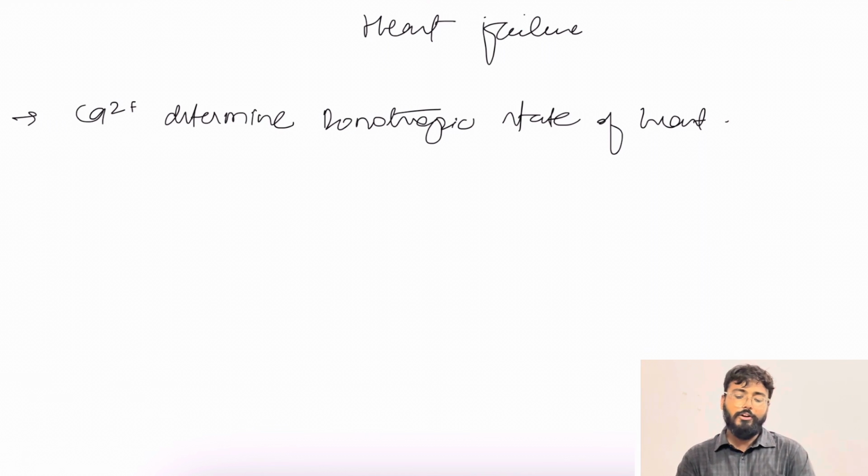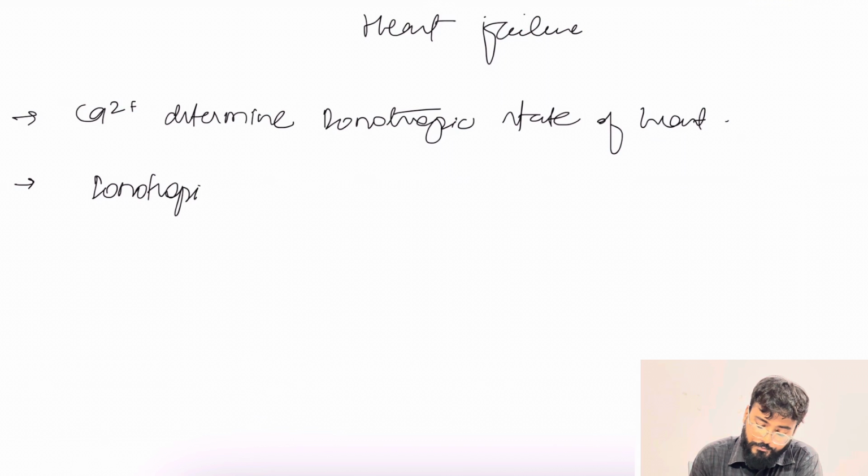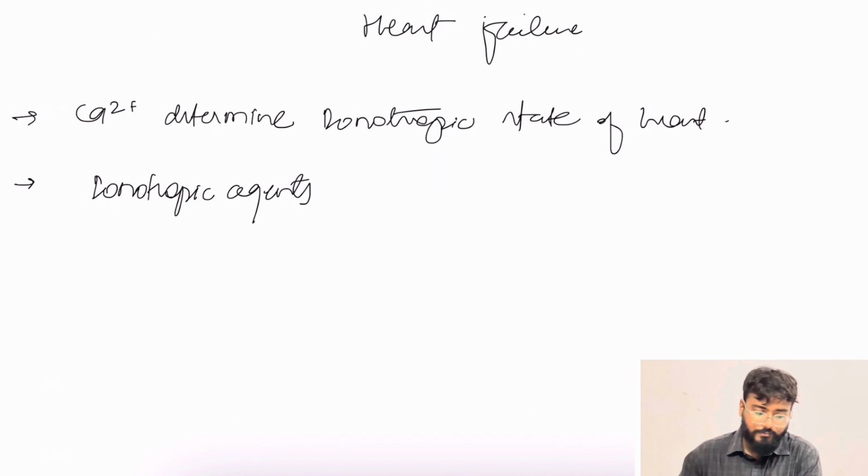So we are familiar with some inotropic agents. Inotropic agents can be of two types. It could be a positive inotropic agent or negative. Positive inotropic agents increase heart contractility and heart rate.